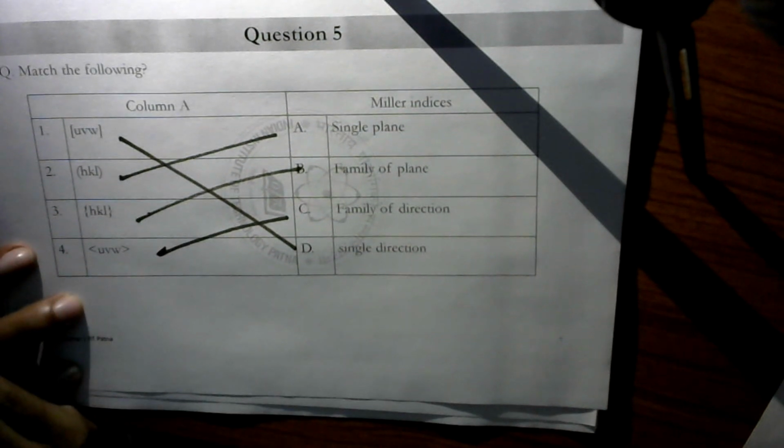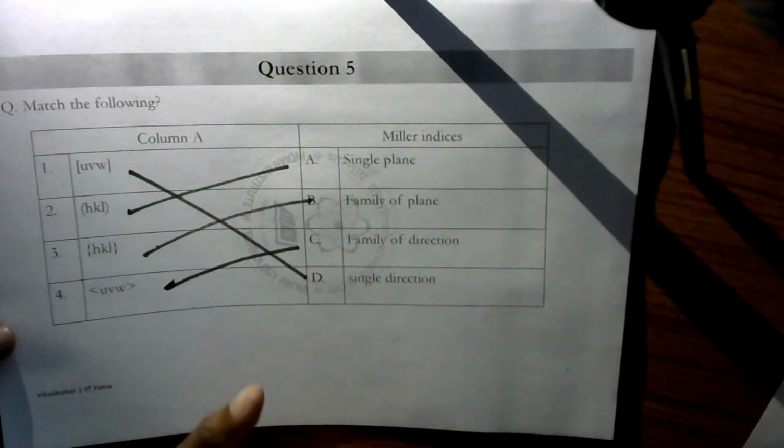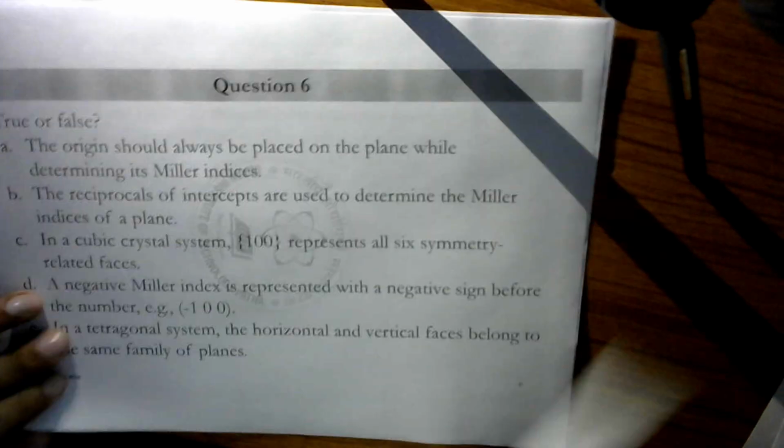And that's how it is. Every metallurgist, every crystallographer must have this in their mind, or else they won't be able to read any book. Okay, let's move to the next one. Question number 6. Okay, it's a true or false.